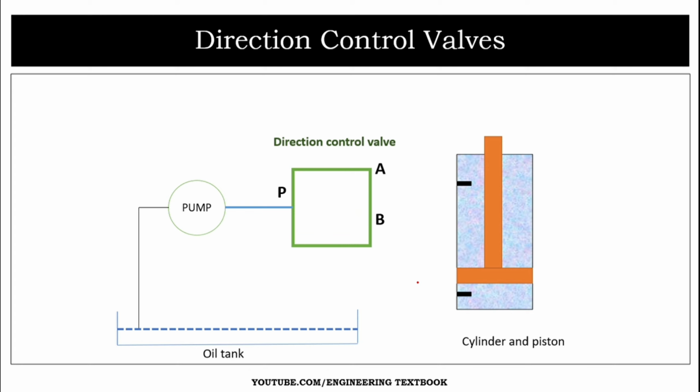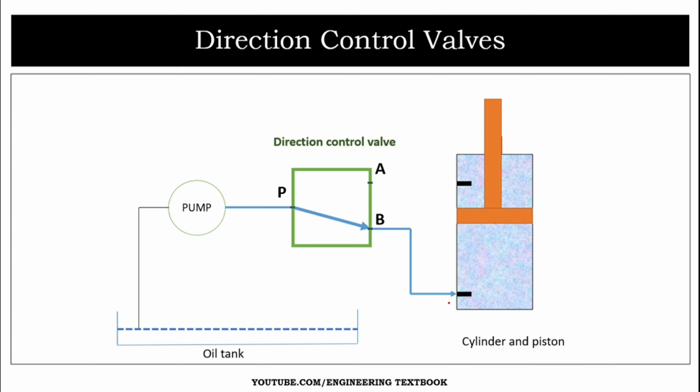The direction control valve consists of three ports. Port P is the inlet port of the valve. Port A and port B are the outlet and return ports. So let's consider case 1. The hydraulic oil from the pump will flow from port P to port B and to the cylinder. The piston will move upward.